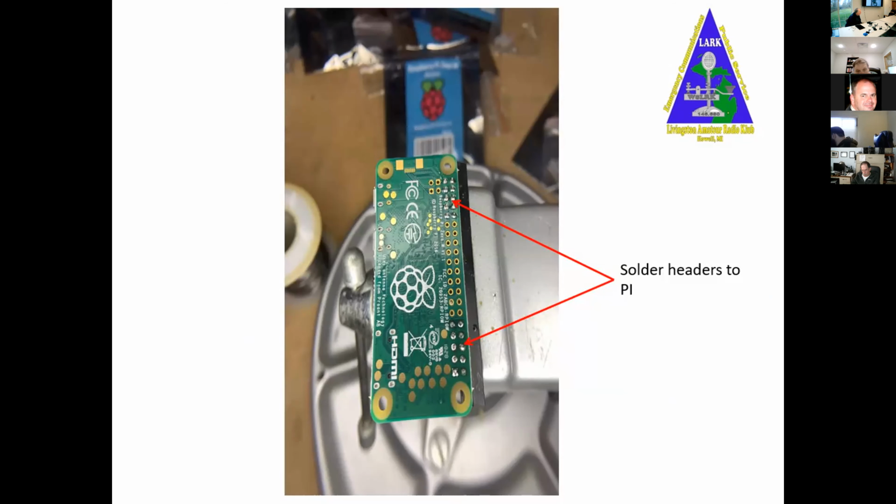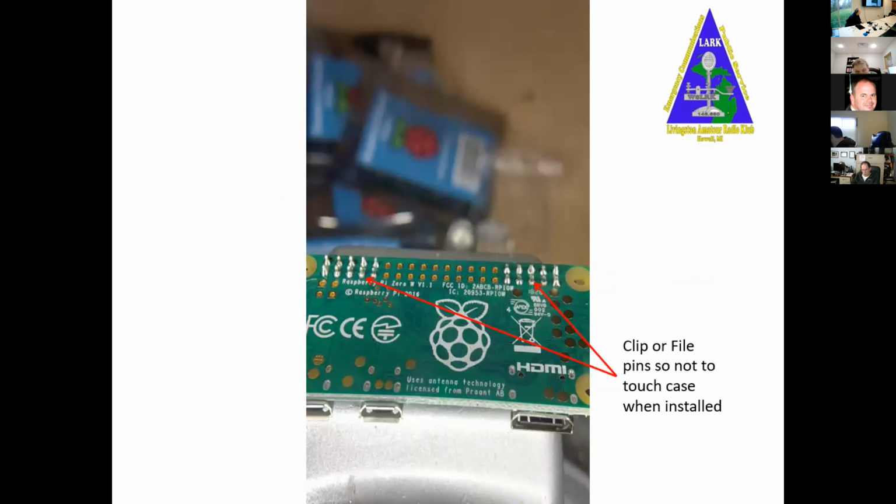So you solder on your header. You make sure that when you put the board and screw it to the case, people would leave the header sticking out so far that all the pins would touch the case, and then when you plug in power, it would just arc, and then you ordered another Pi Zero and started over. So you clip the bottom of them.